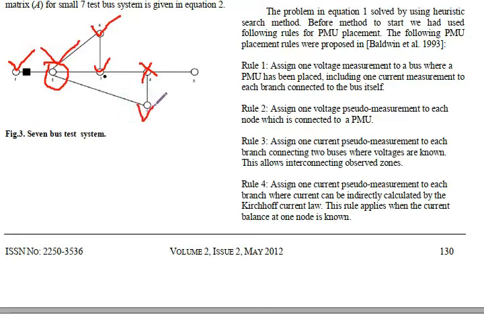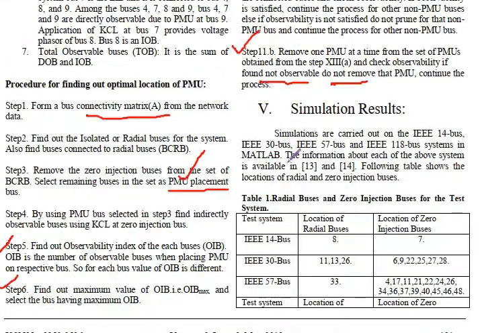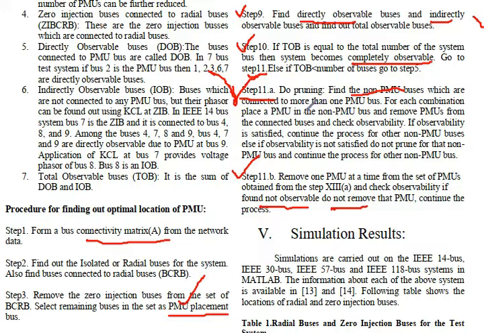But these two buses will not be observable because they are not connected to any PMU, neither is a PMU placed on these buses. So you can't remove these PMUs. This is the summary of step number 10, step number 11A and step number 11B.